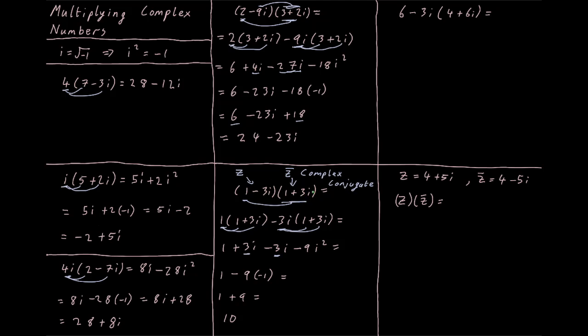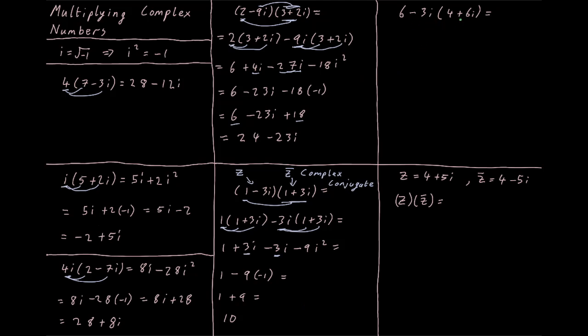It turns out to be important because multiplying a complex number by its complex conjugate always gives you a real number. It gets rid of the imaginary part. It gives you a real number at the end. So it's something we want to watch out for in some types of problems. It's a tool that can be useful to us.